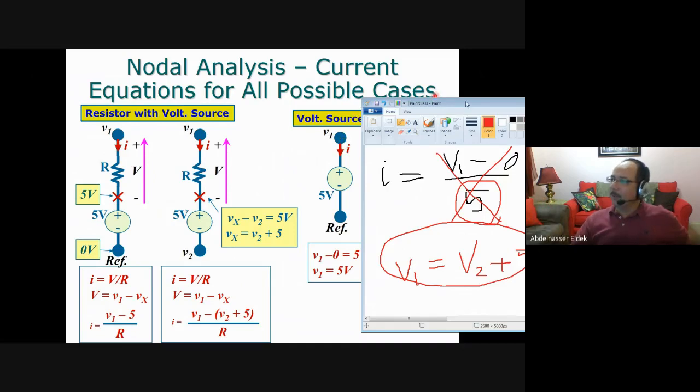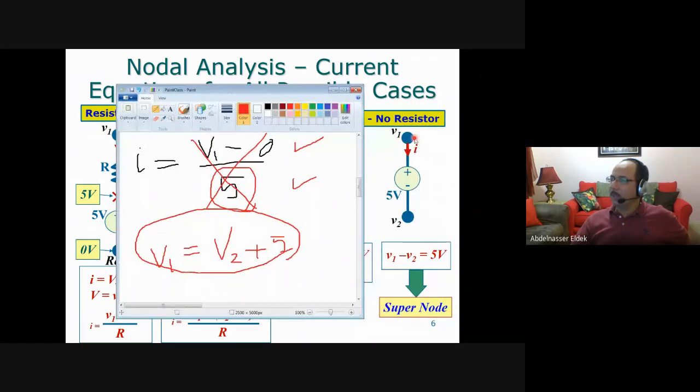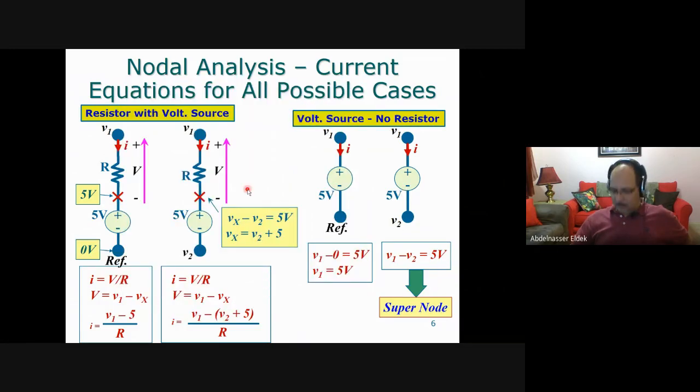But if you have another situation like this, where the voltage source is between two nodes and there is no resistor, then in this case you have to think about something else, which I will explain later on. But you know the relation now, that V1 equals V2 plus 5. Or you can say V1 minus V2 equals 5, whatever you like. This is what we call a supernode, and I will explain it later on.